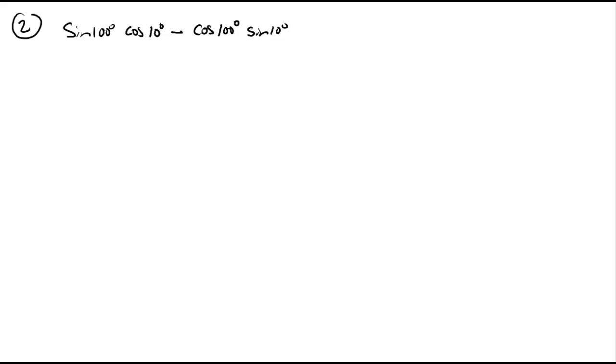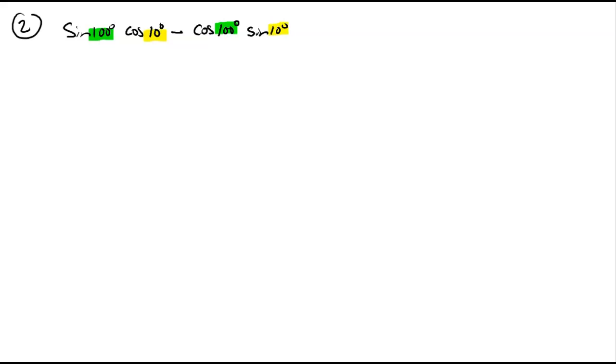Well, the first thing you should notice is that 100 and 10 are not on our unit circle. But I know sine and cosine are together, and again, sine and cosine are together on the second side. And I notice that the first value is 100 on both the terms. And I notice that the second value happens to be 10.